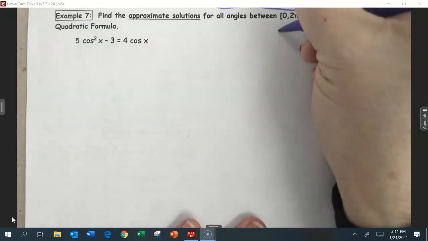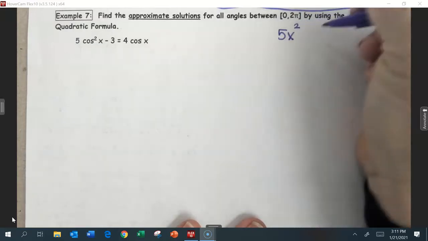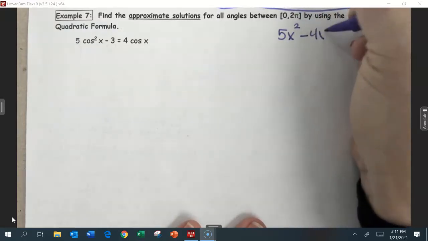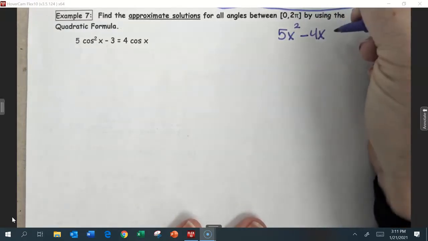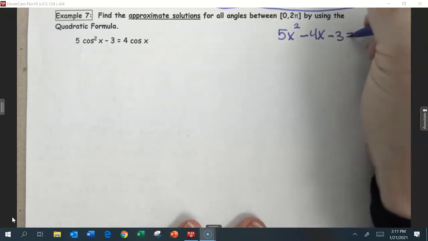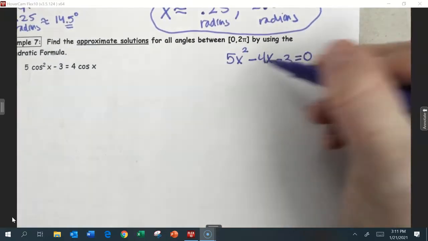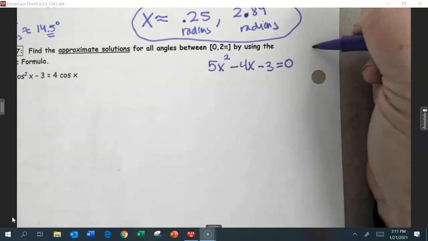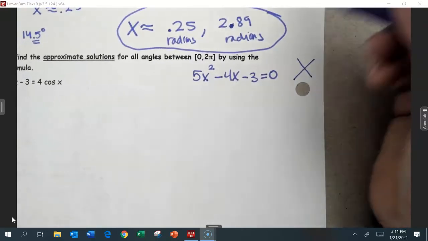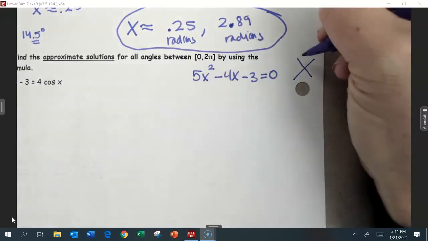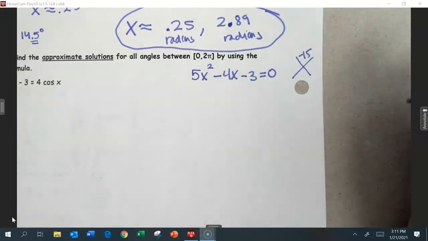problems such as 5x squared minus 4x minus 3 equals 0, what happens is to quickly see if this factors, we can do this x method, where 5 times negative 3 is negative 15.